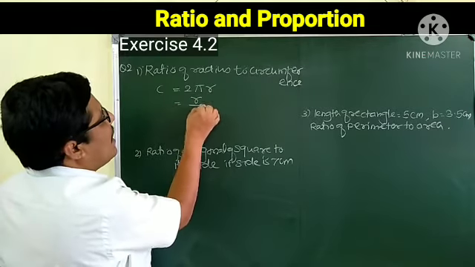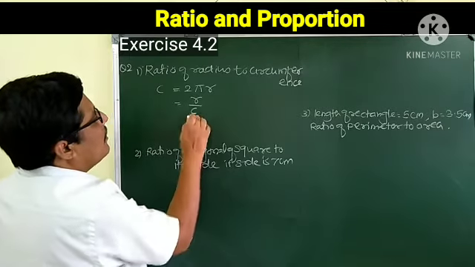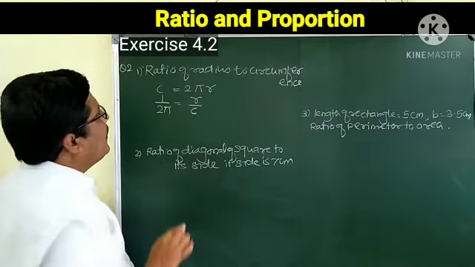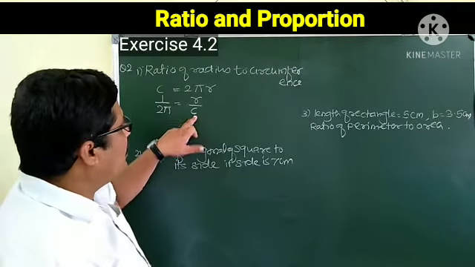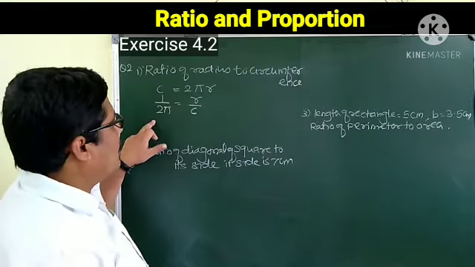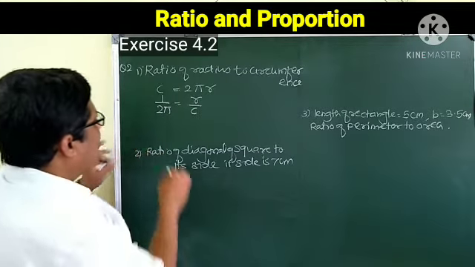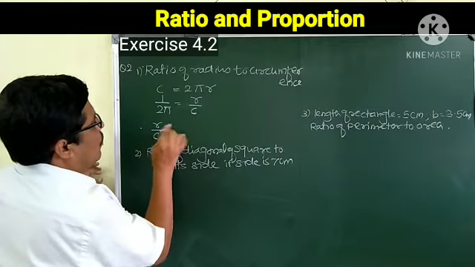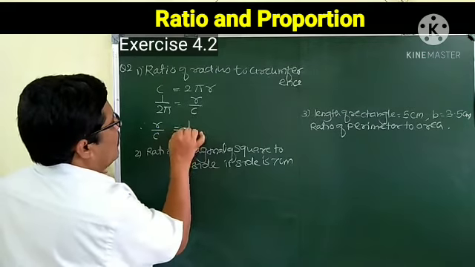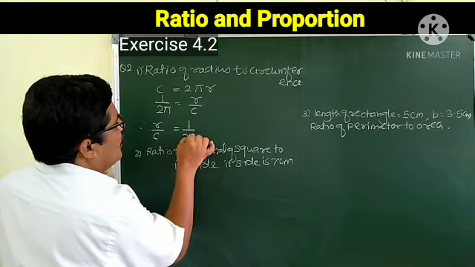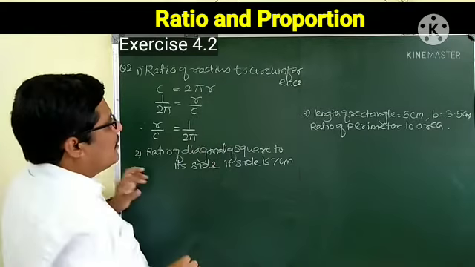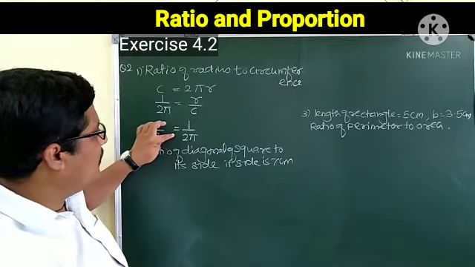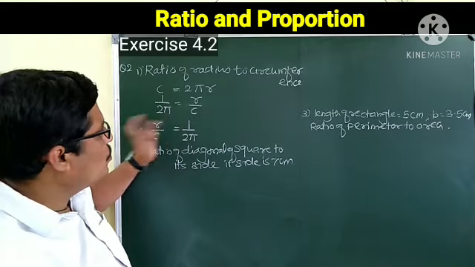So r upon c is equal to 1 upon 2 pi. This c we take to this side at the bottom, this 2 pi comes down on this side, that means in this place the ratio will be r upon c or r is to c is equal to 1 is to 2 pi. That means the ratio of radius to circumference is 1 is to 2 pi.